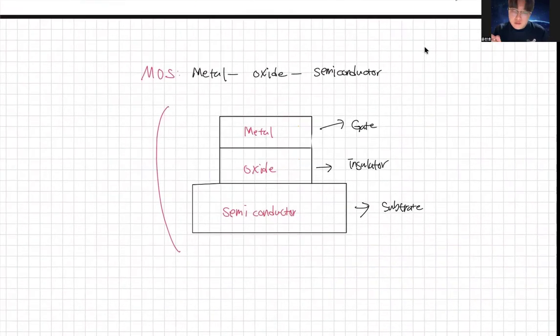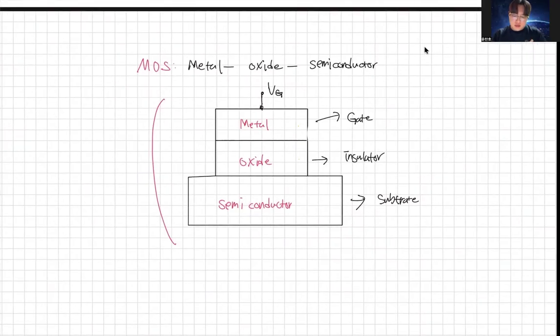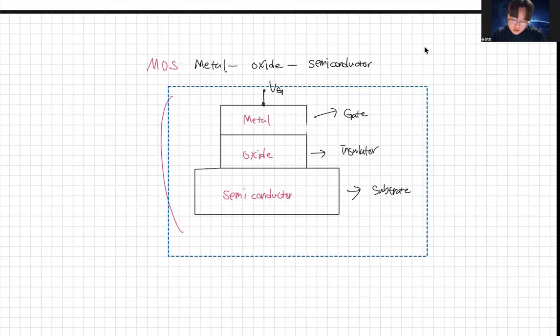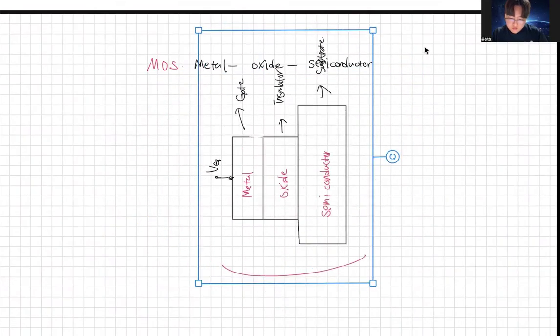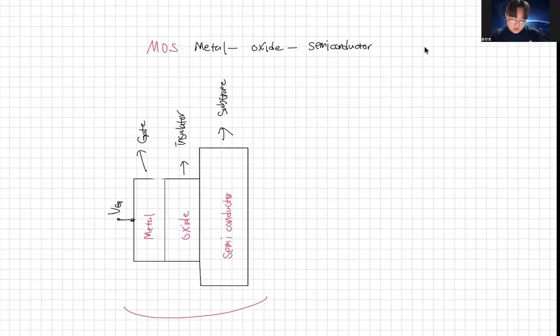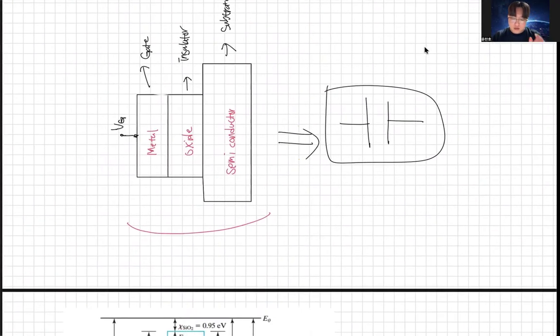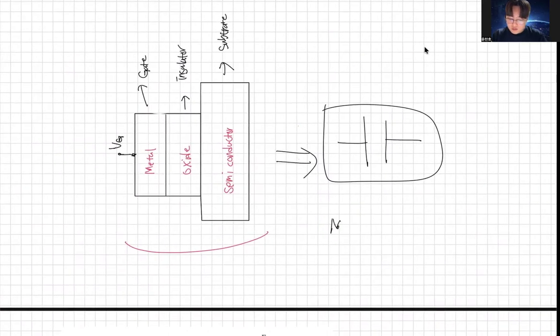So if we apply a voltage to the metal, we write this VG. This structure looks like a capacitance, so we call this MOS cap.